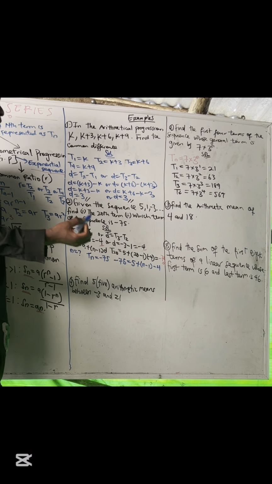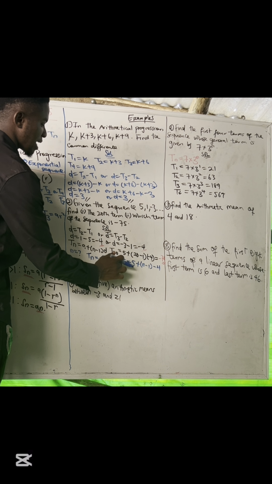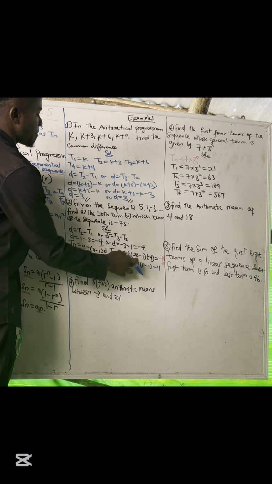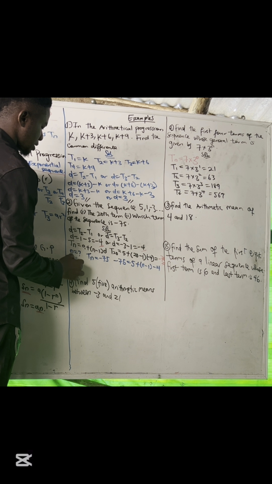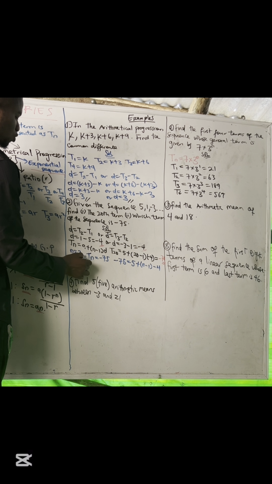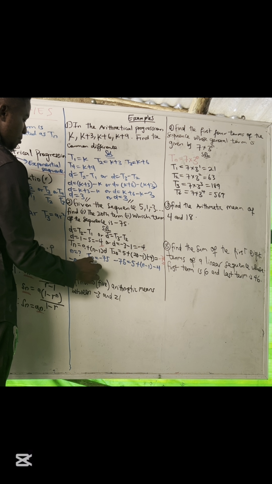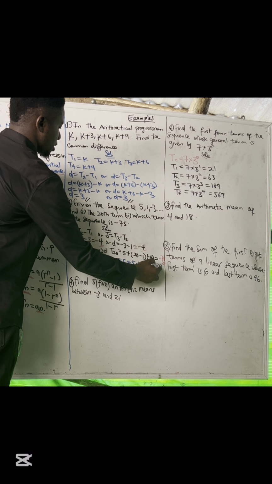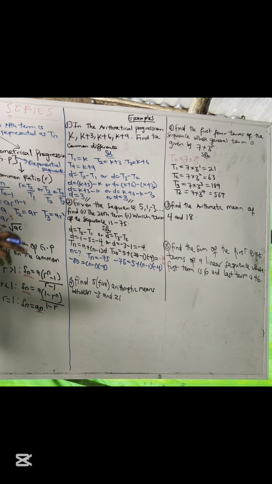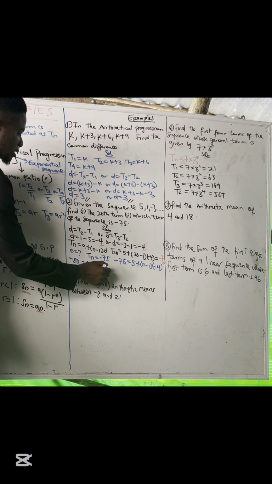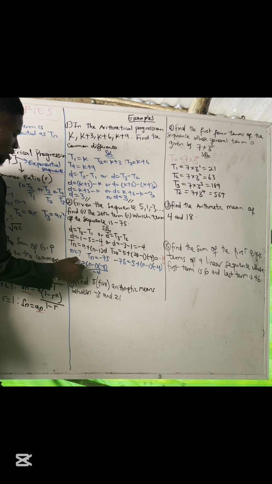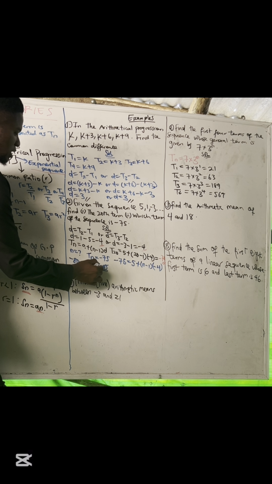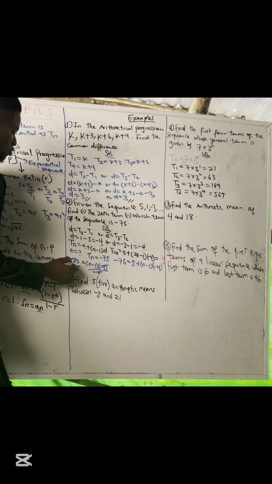Therefore, guys, the next thing I'm going to do is that this 5, I will bring it inside here. So minus 75 minus 5, that will be minus 80 is equal to (n minus 1), put inside brackets, minus 4. The next thing is that I'm going to divide both sides by minus 4. This minus 4 cancels this minus 4, minus cancels minus.